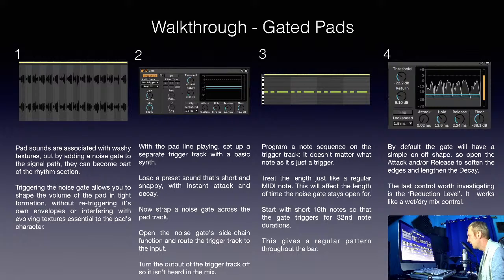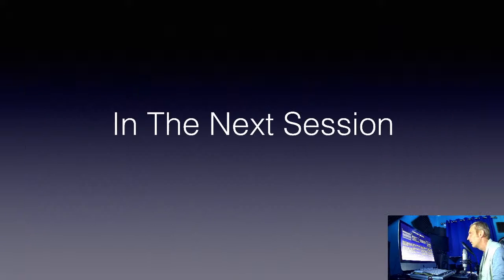Increasing it will let a little of the original signal through, and this can be used to soften the gate effect. So yeah, sorry, the last control is the reduction level. It's like a wet/dry control, so the gain reduction level, like the threshold and the return levels, and that's what we're going to come on to now.